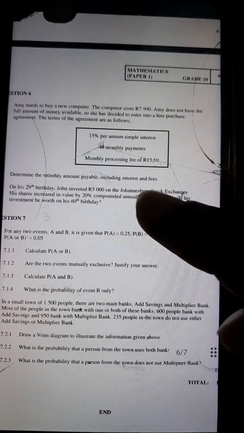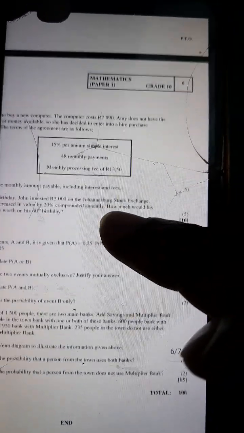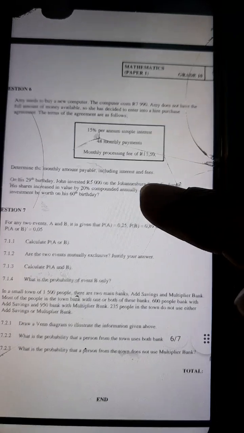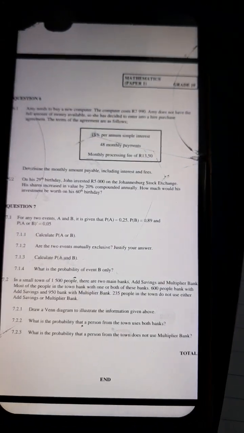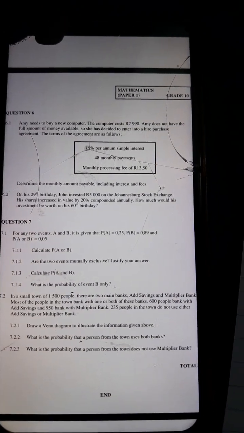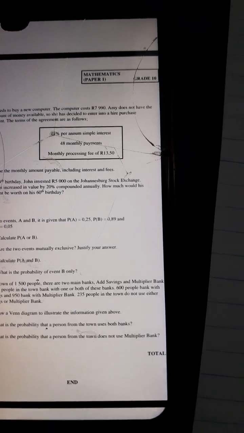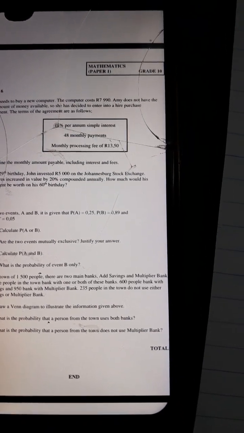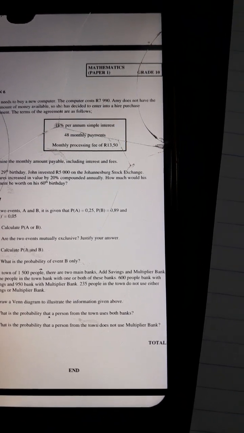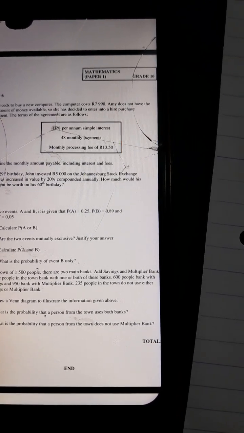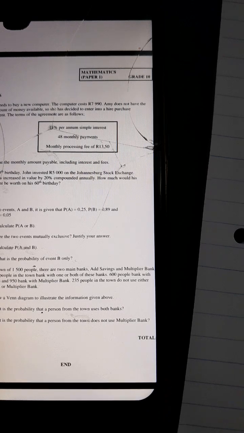We'll also look at question 7, which is more of probability. We will be taught how to calculate such questions. Hope guys you are benefiting from these videos. And on the weekend we will look at our beautiful paper 2, which involves trigonometry, analytical geometry, statistics, and measurement.